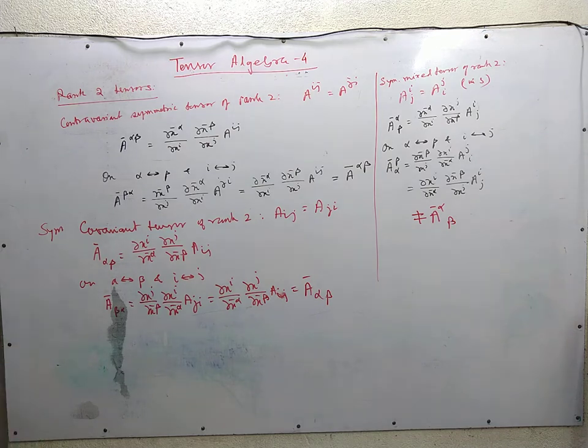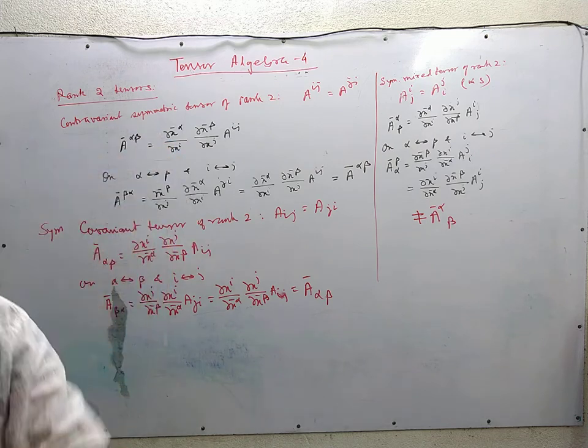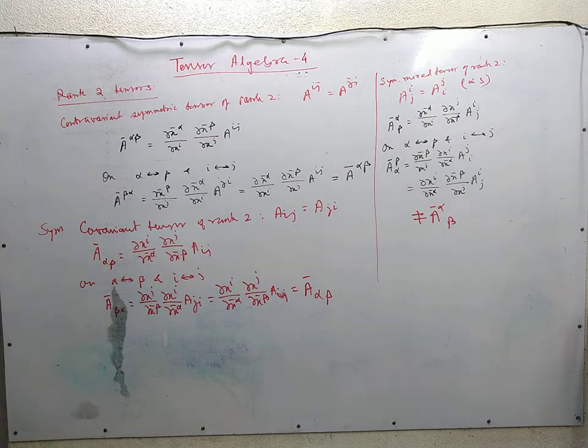But if the tensor is symmetric with respect to interchange of one covariant index with another contravariant index, this is a special symmetry which is observed only in one coordinate system. That symmetry may not be carried over to other coordinate systems.